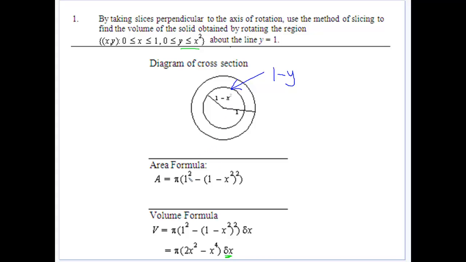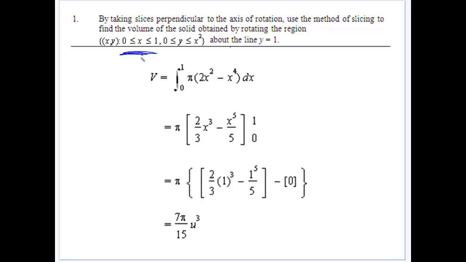We're able to put the difference between 1 squared and (1 minus x squared) all squared. So expanding that out, it's going to give us 2x squared minus x to the power of 4. So when we put it in with the volume, pi times that times delta x, it's going to be between 0 and 1. So we do our integration, and we get our value of 7 pi over 15.